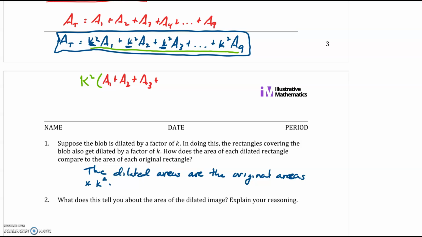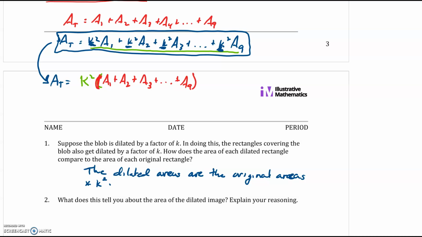Plus, that is going to continue all the way up to taking k squared away from this last area, area 9. Okay, so this is my total area now. I've just rewritten it by factoring out the common factor of k squared.